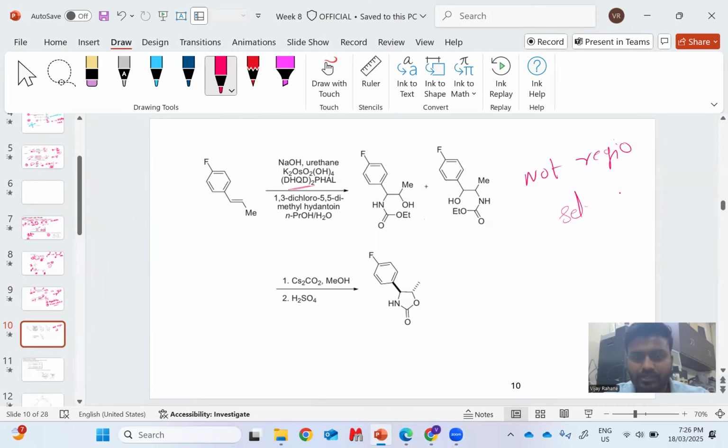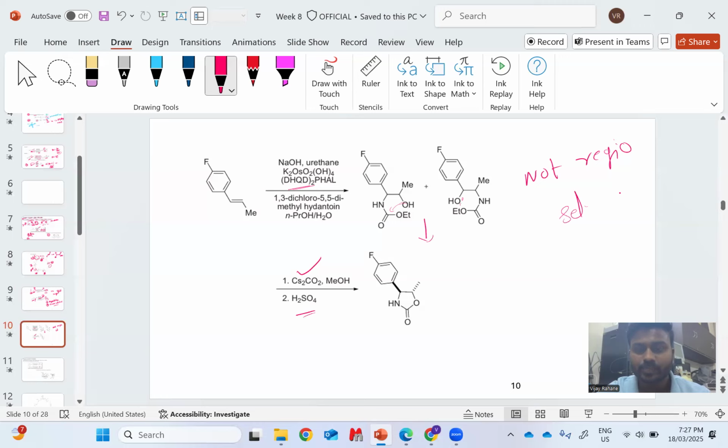upon performing this reaction with the base in the alcohol solvent, followed by the acid treatment, it gives the same product. So both of these give the same product, because upon addition of the base, it abstracts the proton, and the addition across the double bond, the cyclization takes place.